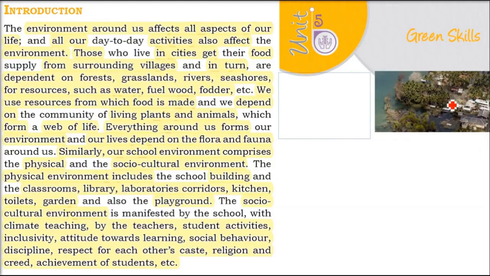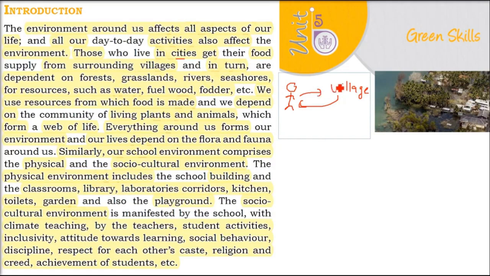For example, this environment has everything: the plants, trees, organisms, living, what you see, what you do not see. Those who live in cities, where do they get food from? If I am living in a city, I will get the food from the village because there is very little agriculture in urban areas.